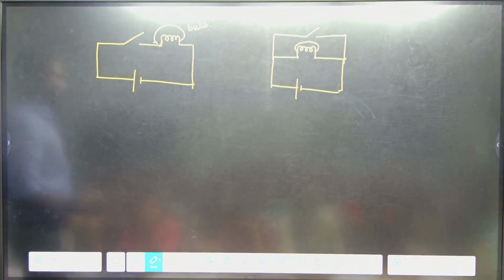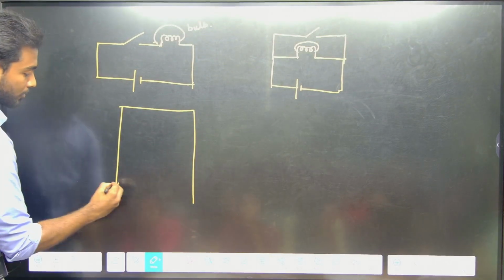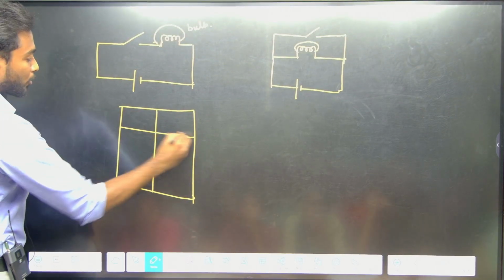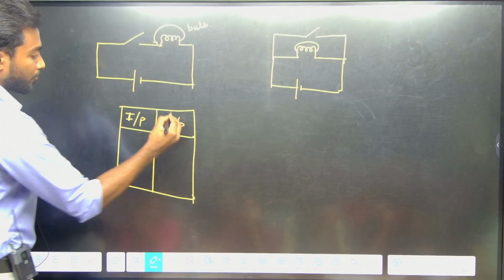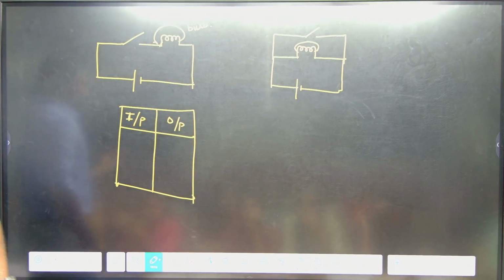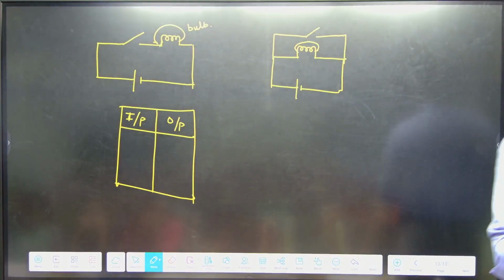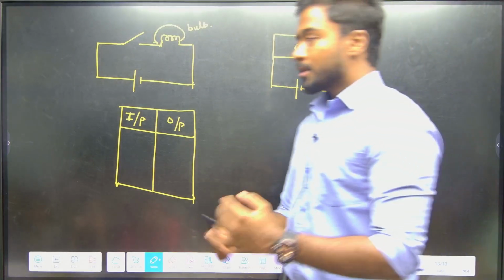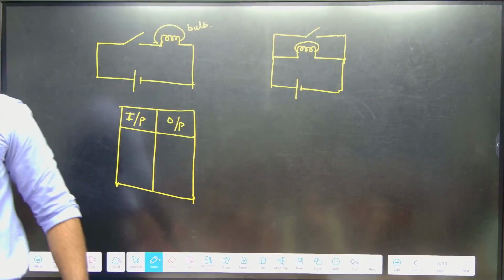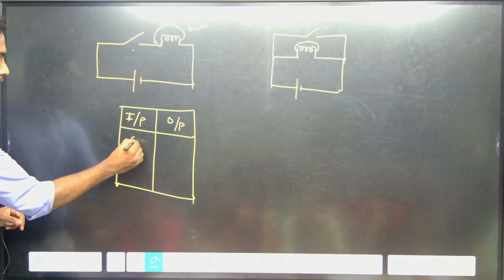So here we have a circuit. Suppose I talk about the input and output. What are the things we have talked about in the digital circuit? Either it is low, high, false, true, on, off. So here we will use on and off. Suppose the switch is off, which means it is 0.